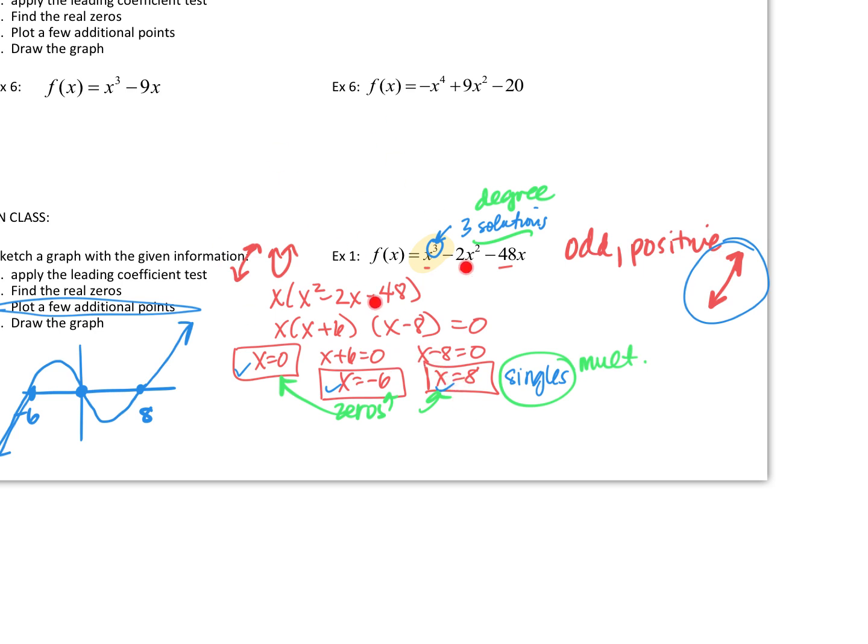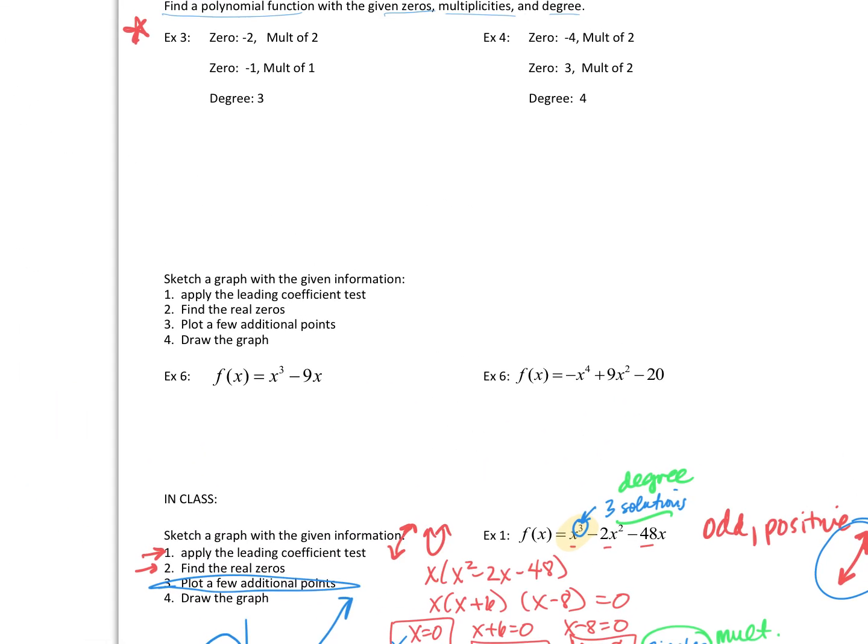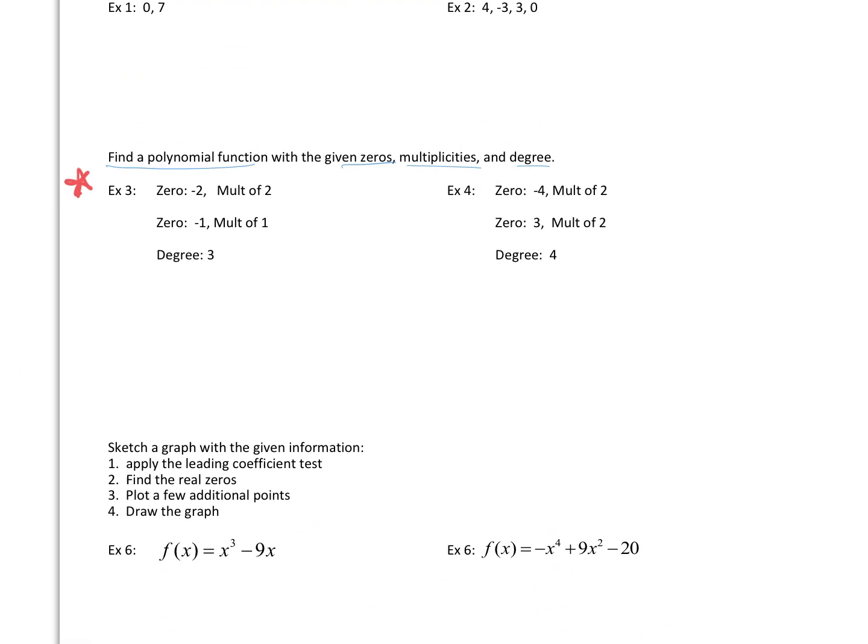So if I go back to my example 3, I have a 0 of 2, or negative 2. So what would my factor look like? It would be x plus 2, because when I solve it, it would become negative 2, right? And I have a 0 of negative 1, so that would be x plus 1.